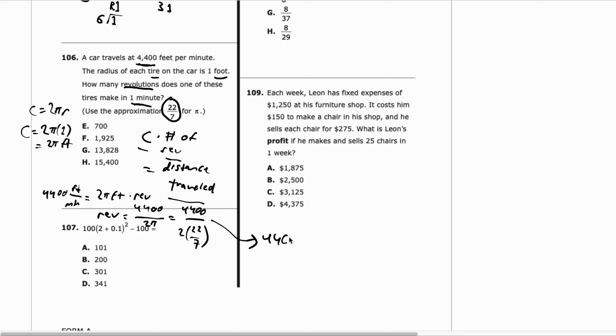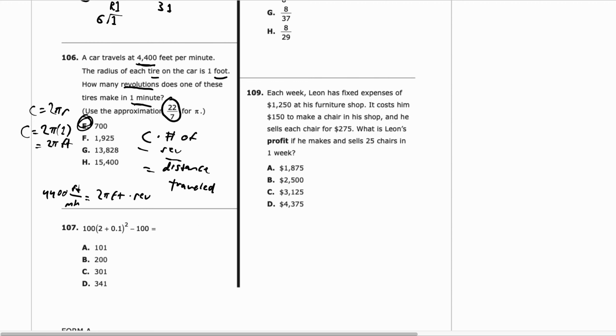This is going to be 4,400 times 7 over 44. So this is going to be 700. So that would be E. Okay.